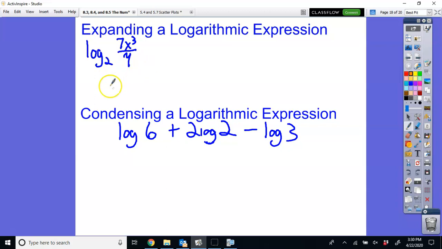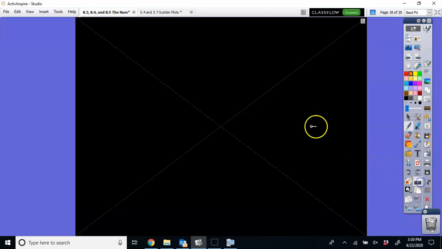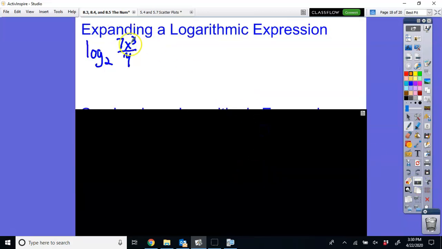So this is log base 2 on the first one here. I'm going to cover up the one at the bottom. Of 7x cubed divided by y. So notice the 3 things that I see here. I have division. I have 7x cubed divided by y. I have multiplication, 7 times x cubed on the top.